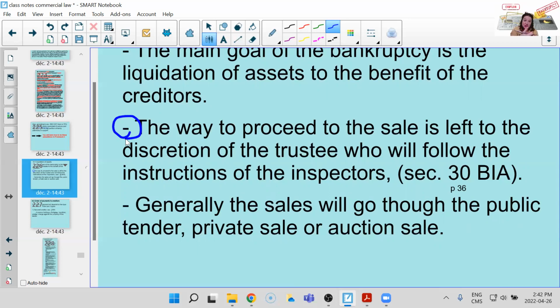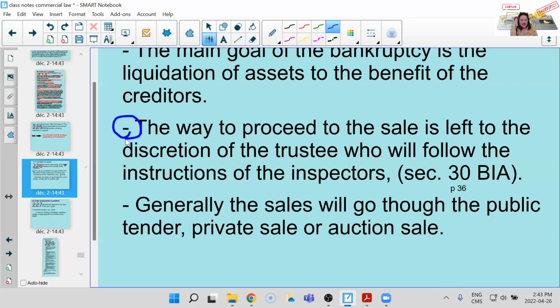If it's a manufacturer, there will be lots, but if it's a building, it doesn't mean they will use the same process to sell it. But the goal is this: we have the property. The trustee will make sure that the property is sold, will collect money, and then once it has the money, we'll have to distribute that.